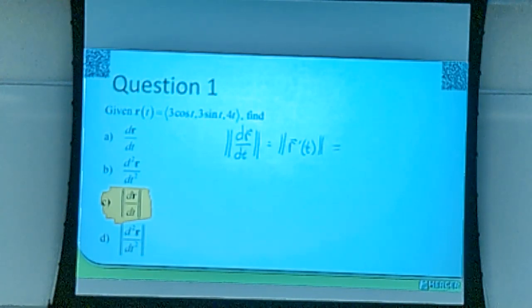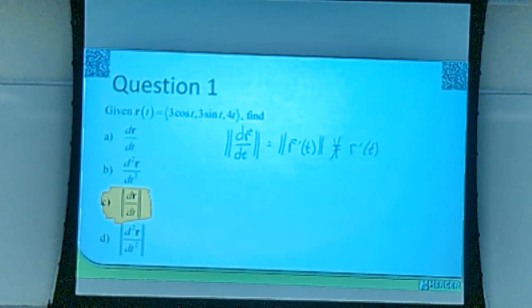Can we write this? What does the left-hand side give you? What's the left-hand side saying? It's the magnitude of the first derivative. What's the right-hand side?